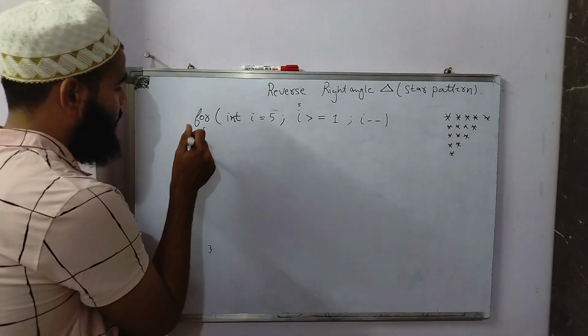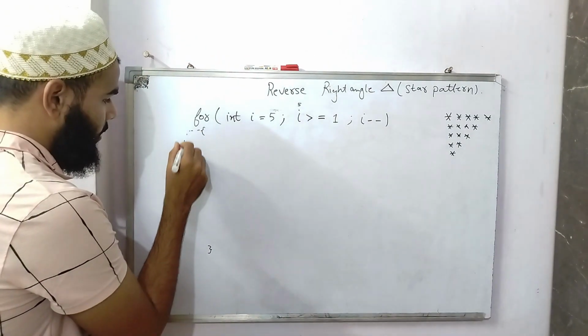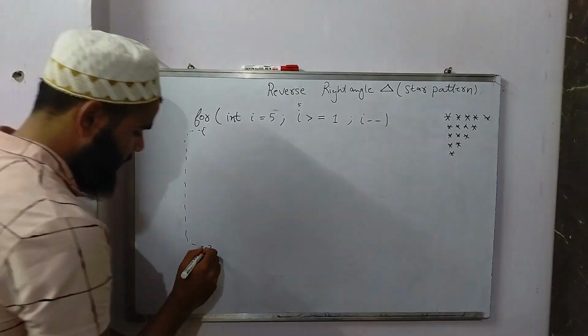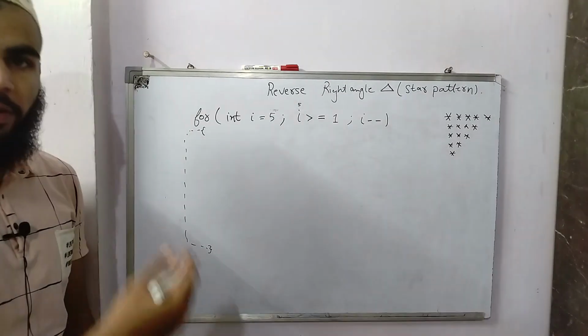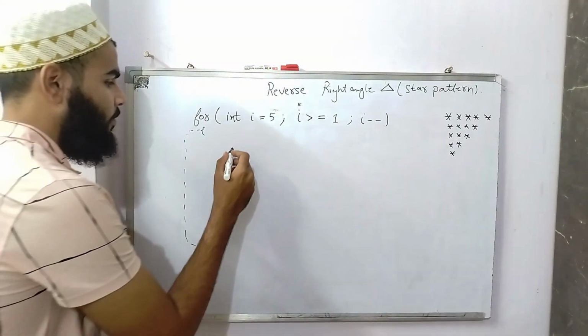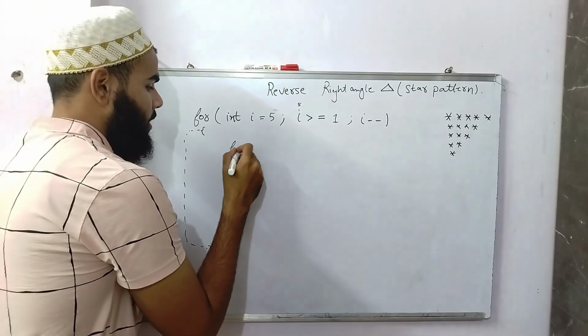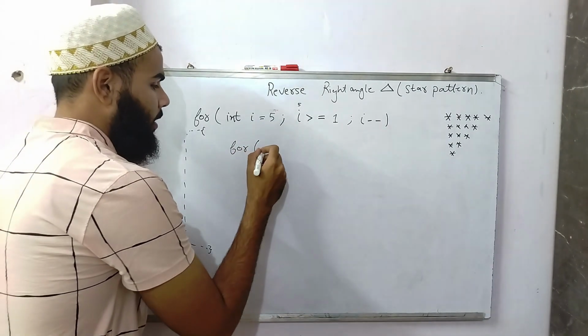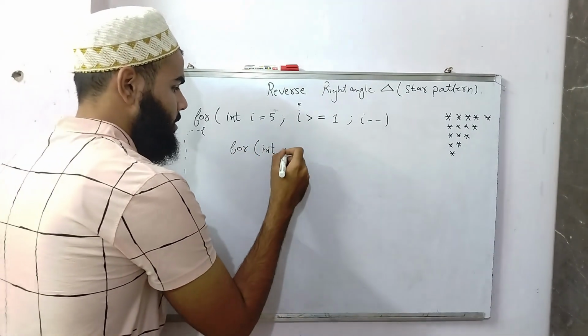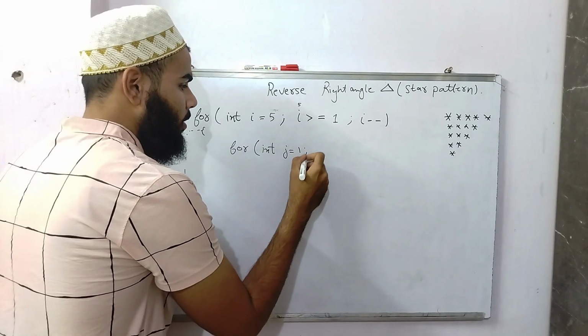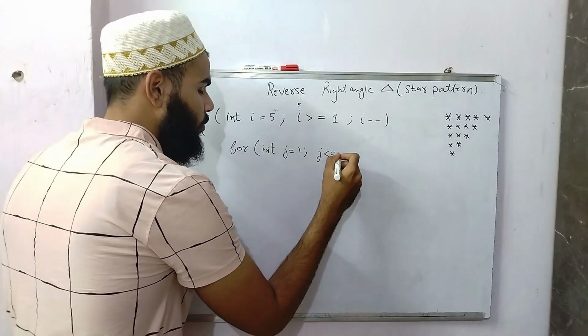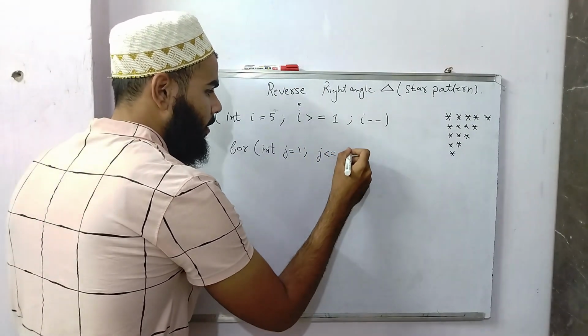Now let's give the body of this for loop. This for loop starts from here and ends here. Inside this for loop I will put one more for loop, which we call a nested for loop, the loop inside the loop. So I'm writing here int j equals 1, j is less than or equal to, not 5, i.